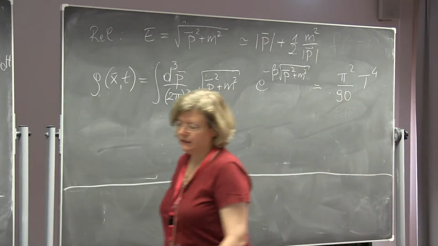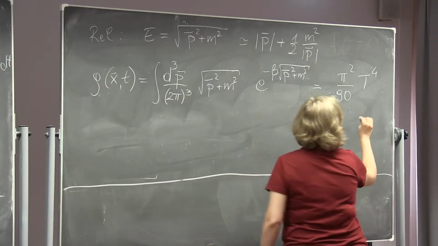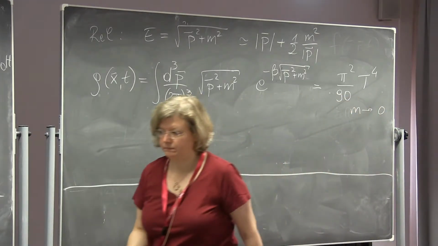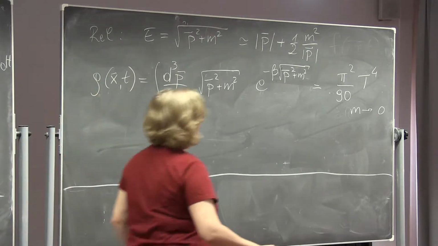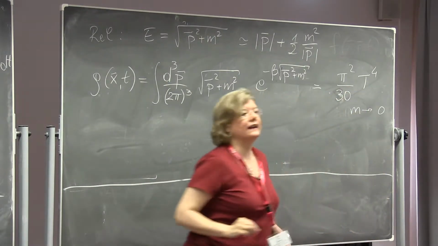This is in the limit of negligible mass, so there is no dependence on mass because I am assuming the mass is practically 0. Sorry, 30, not 90. I can't read anymore. I have to change my glasses, I have to admit.